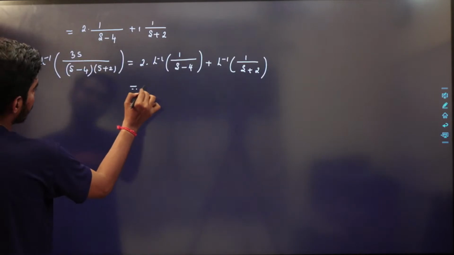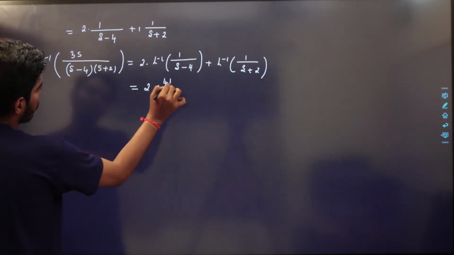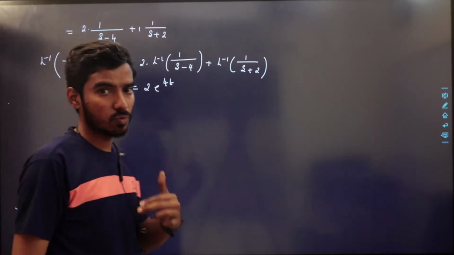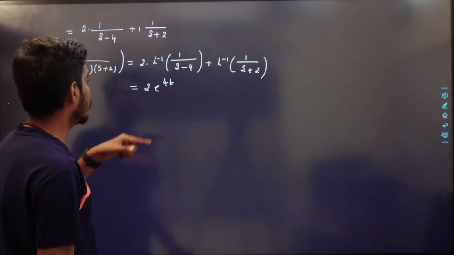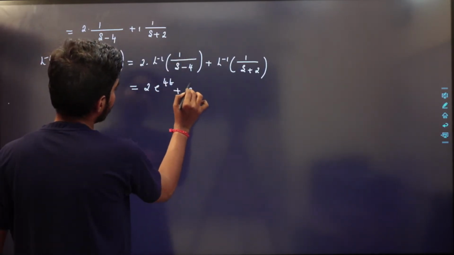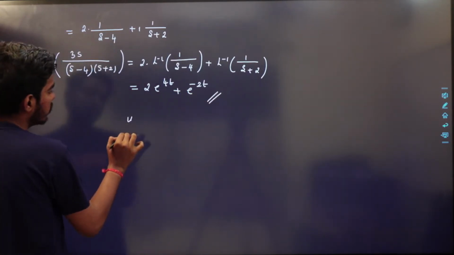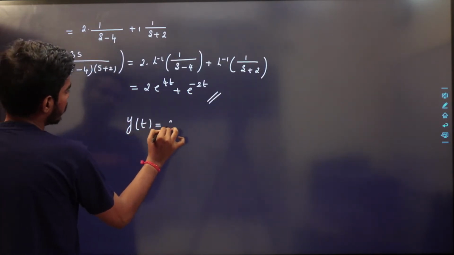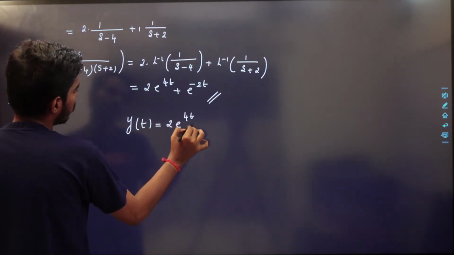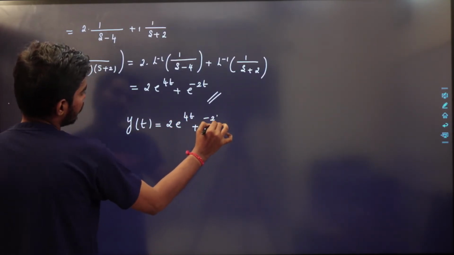This is e power 4t because L of e power at is 1 by s minus a. So e power 4t and this is e power minus 2t. So therefore this is our required solution. Therefore our y of t is 2 e power 4t plus e power minus 2t.